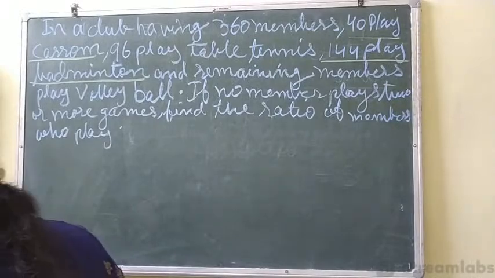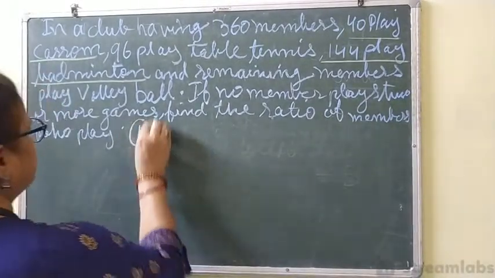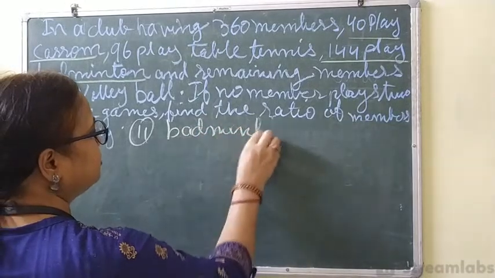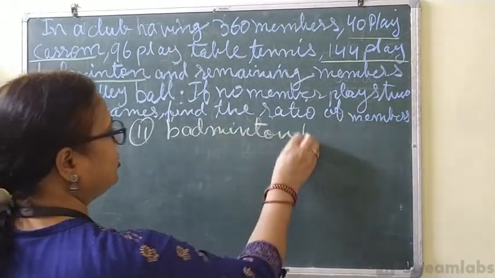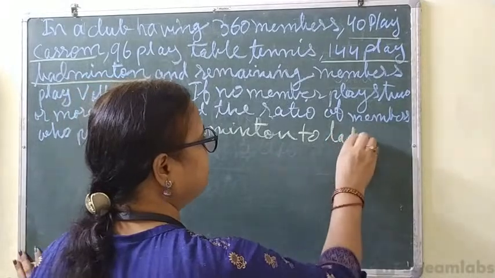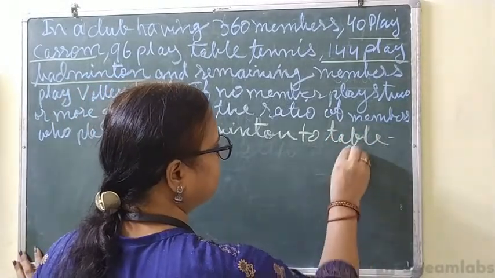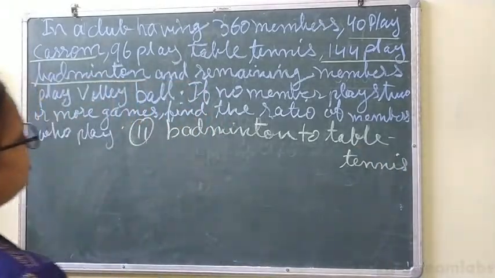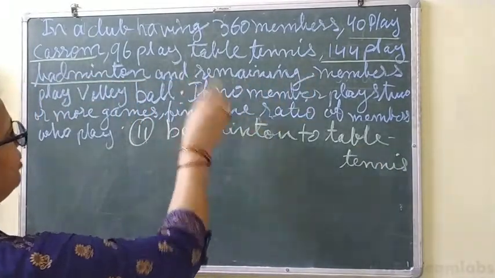badminton to the table tennis. So badminton is what here? 144.